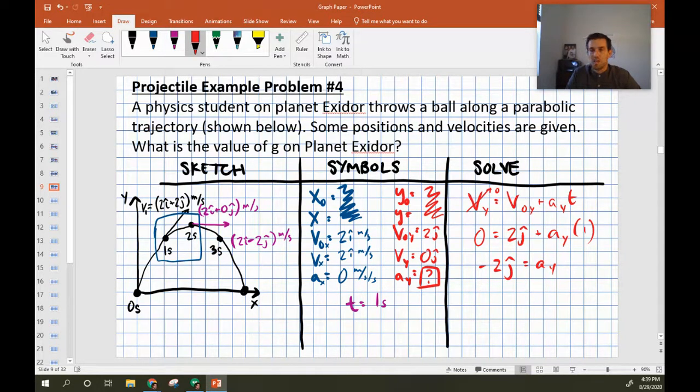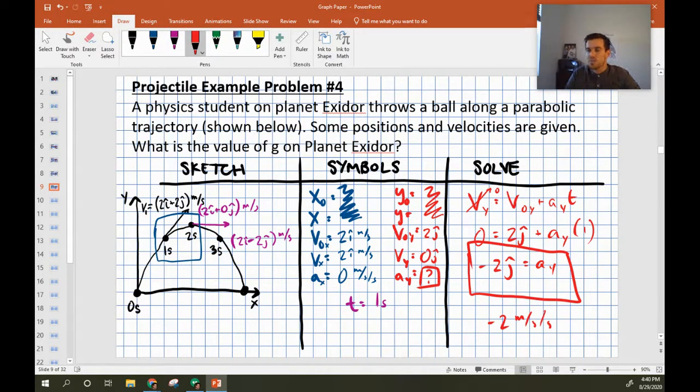And the quantity of it is -2 in the y direction. That's what that j vector means. Since this is a j vector, j is 1 unit. So this is actually -2 meters per second per second.